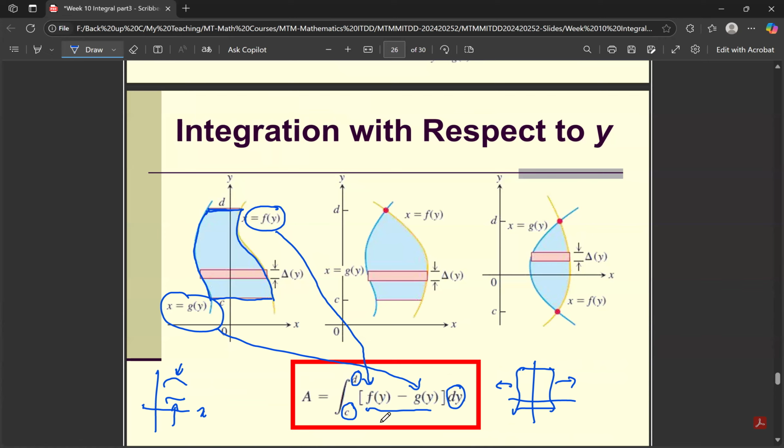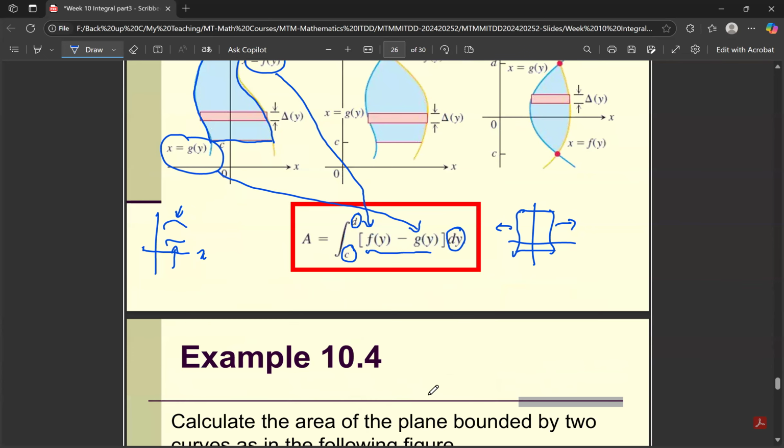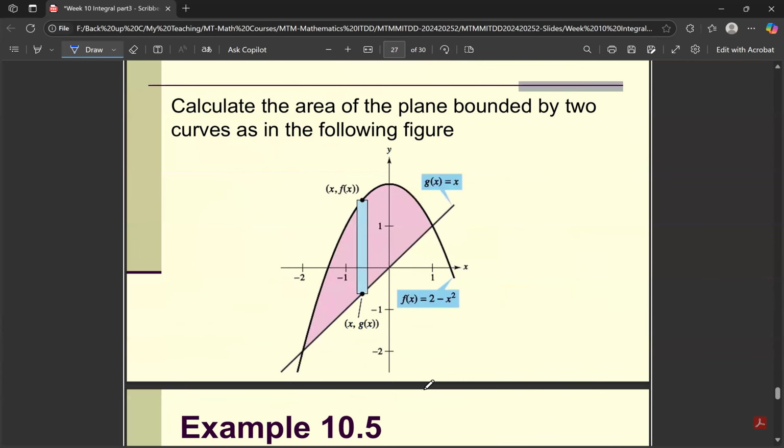So this is the formula for counting the area of the region between x equals f(y) and x equals g(y).